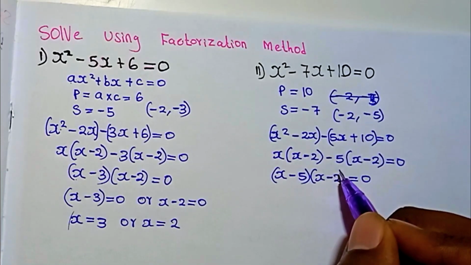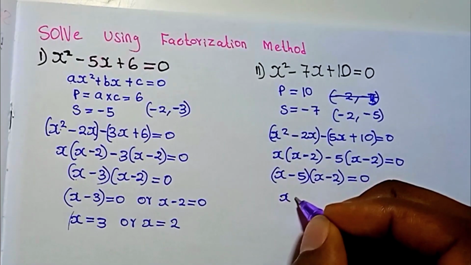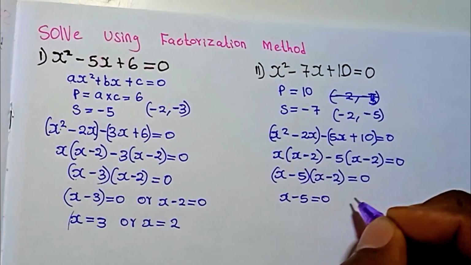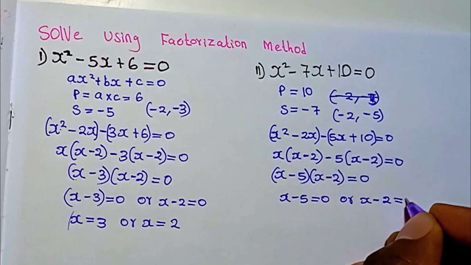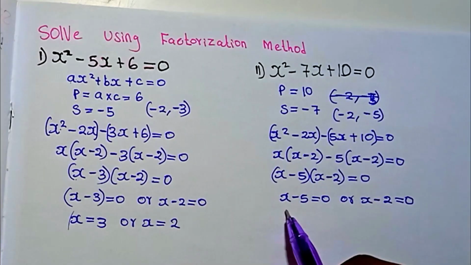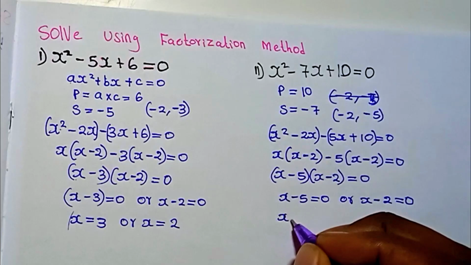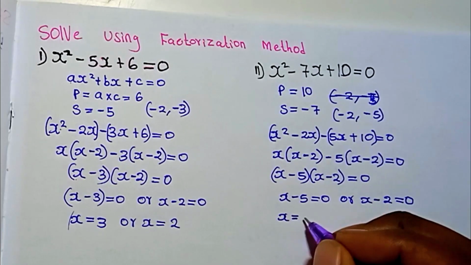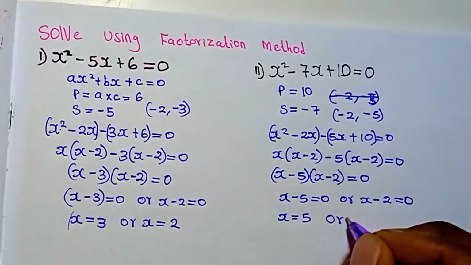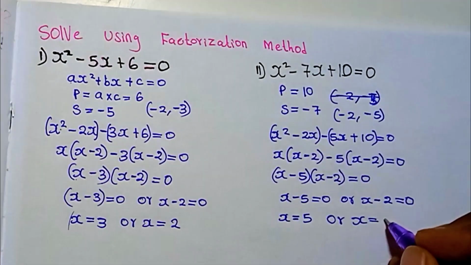So we're going to have x minus 5 is equal to 0, or x minus 2 is equal to 0. So in our case here, we take this negative 5 to the other side, so we're going to have x is equal to 5, or x is equal to 2.